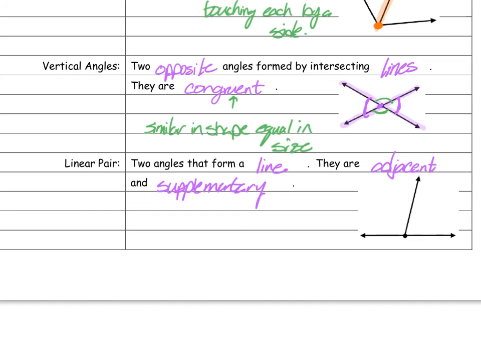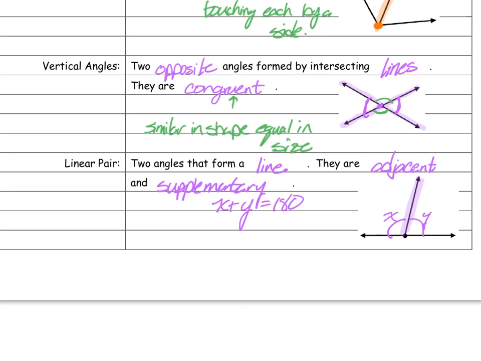They're adjacent because they share a side right here, and they're supplementary because they form a line, right? They equal 180. Let's say angle X and angle Y: they're supplementary because angle X plus angle Y equals 180, because a straight line measures 180 degrees. So that's why they're supplementary.